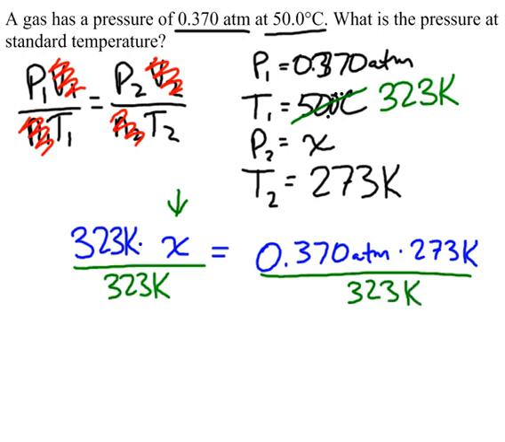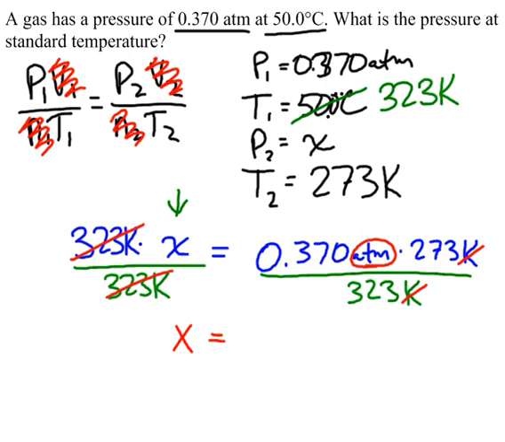Now, this whole thing here is going to cancel out. That and that. So that's gone. So now I just have X over here. But here, the only thing that's going to cancel out is my Kelvin, which is okay because I want to make sure that I have my unit of atmospheres.